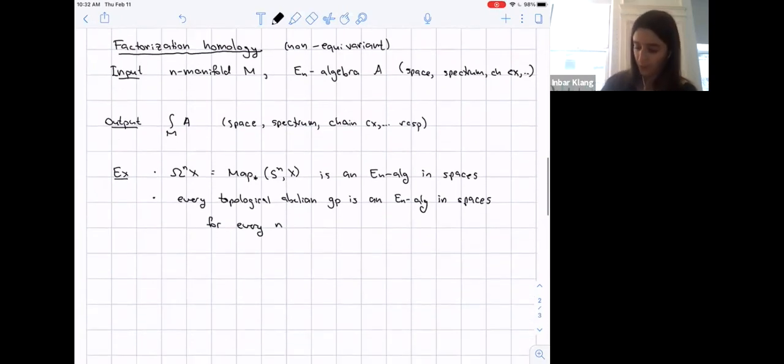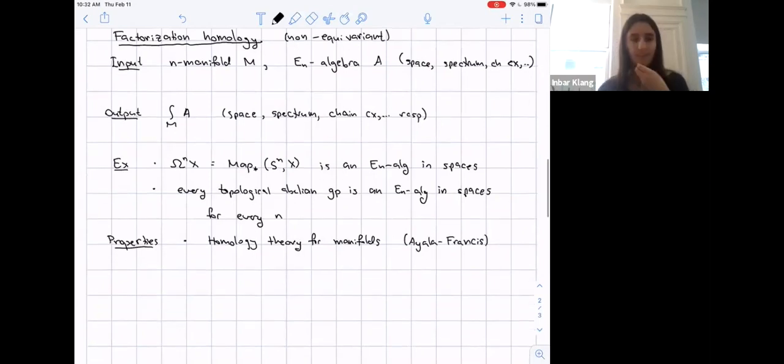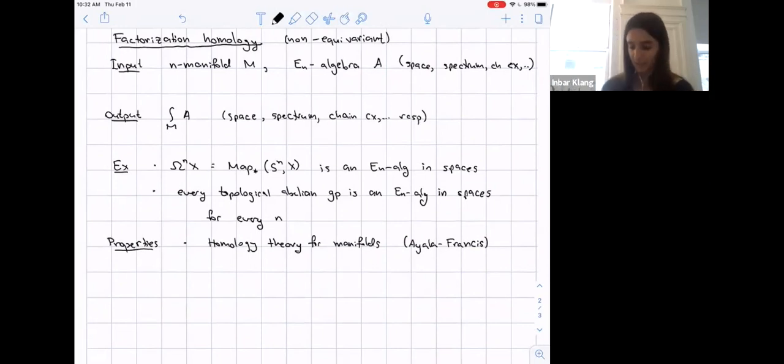Okay, so here are some properties of factorization homology. So one thing about factorization homology is, well, it has been axiomatized as a homology theory for manifolds. And this is due to Ayala and Francis. So what kinds of things come into this axiomatization?